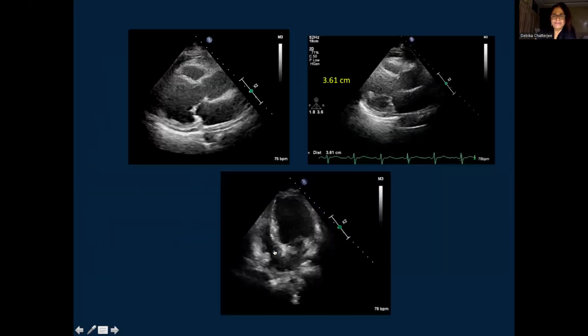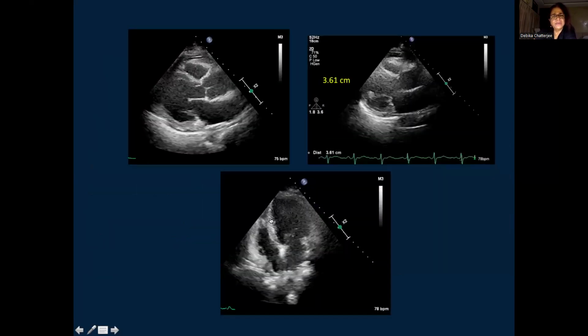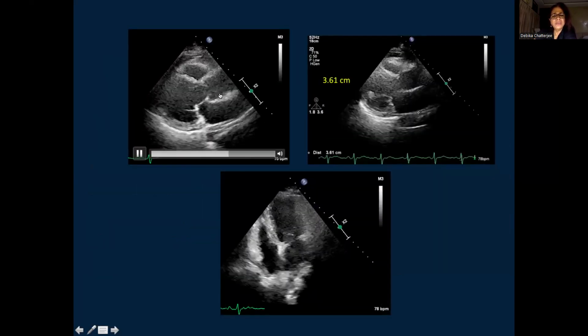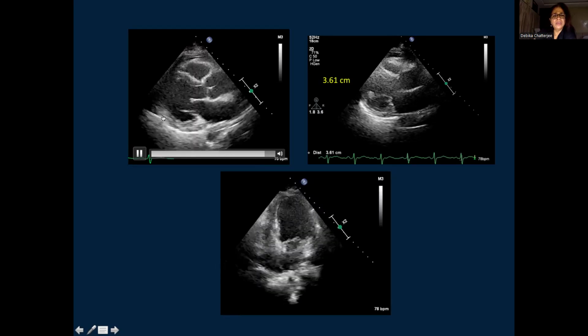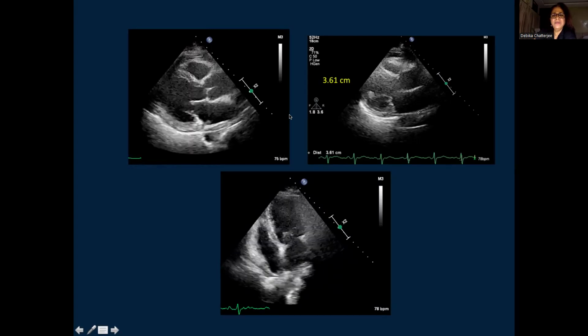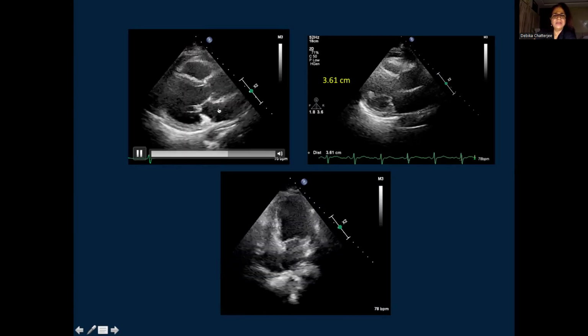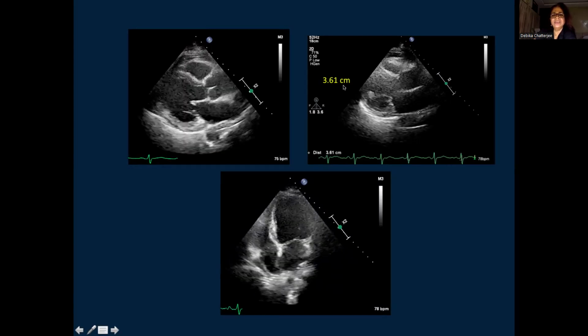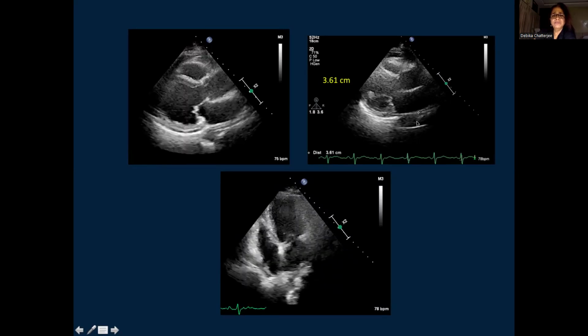Now look at this patient, a case of triple vessel disease, where the LV is dilated, and we measure the LA anteroposterior diameter and get 3.61.